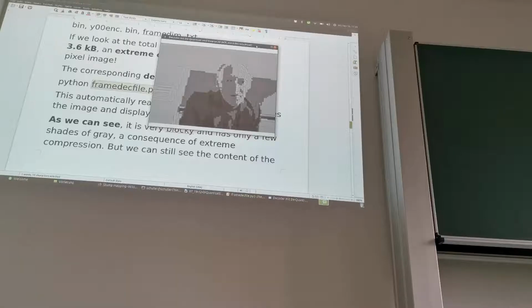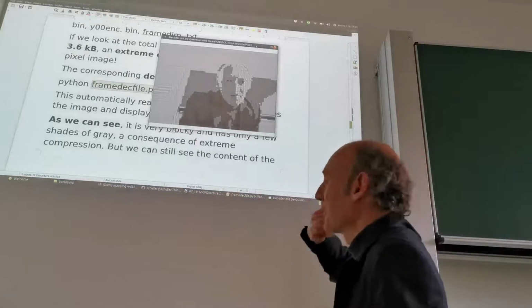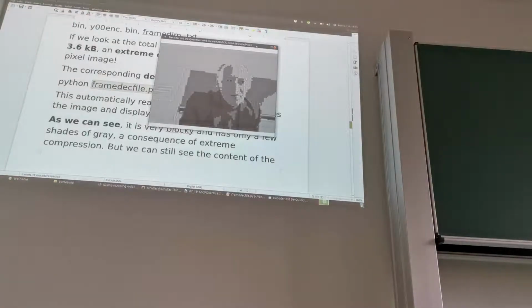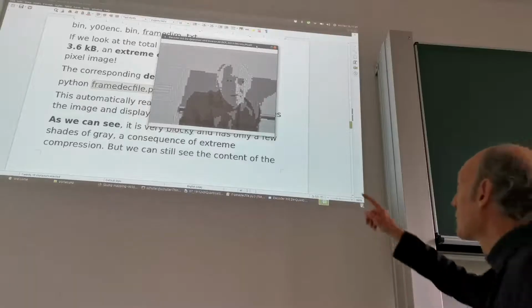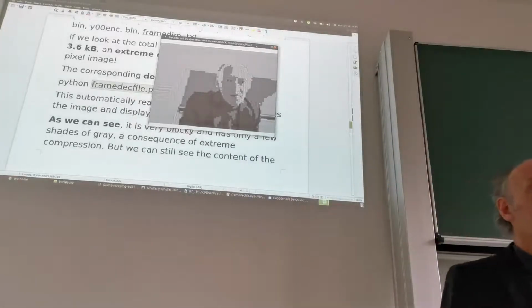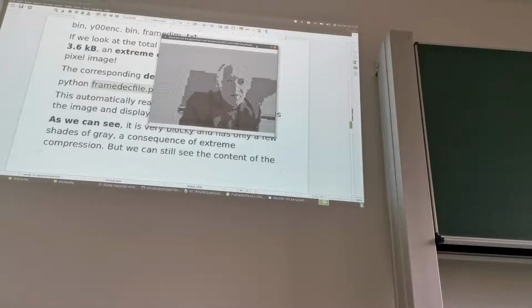Right? You can see it has lots of blocking artifacts because we only used 3 out of the 64 coefficients in each DCT block. And it also has artificial boundaries because of the quantization with very few steps. But you can still recognize that it's me in front of a board, right?